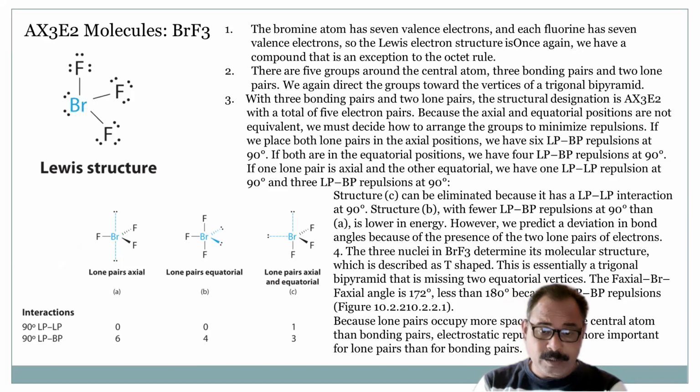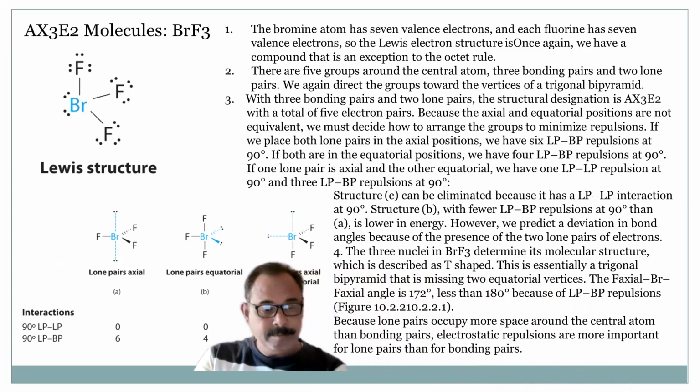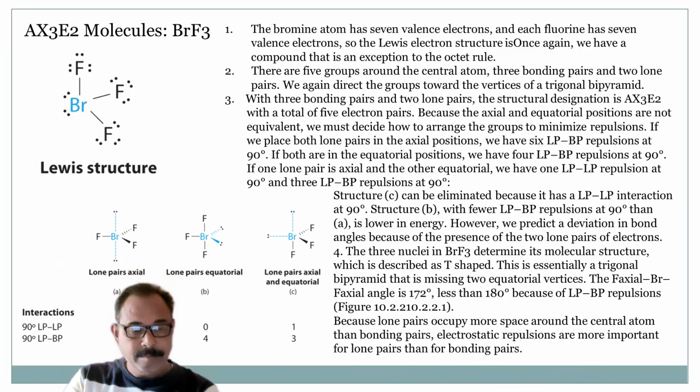The 3 nuclei in BrF3 determine its molecular structure, which is described as T-shaped, and this is essentially a trigonal bipyramid missing 2 equatorial vertices.